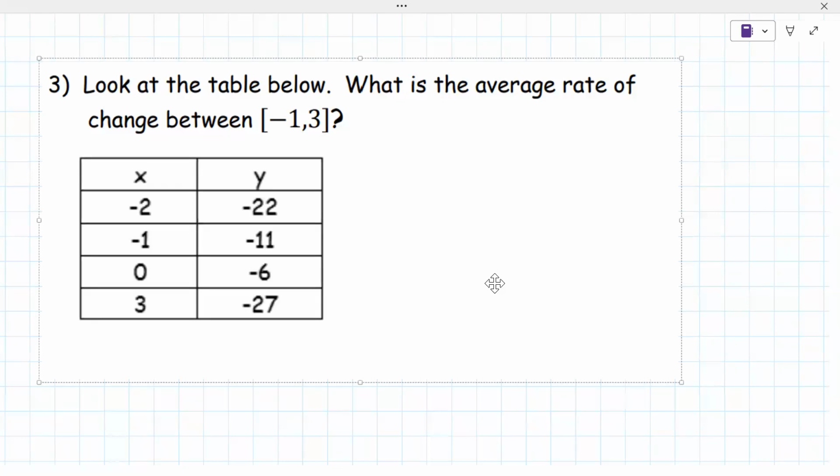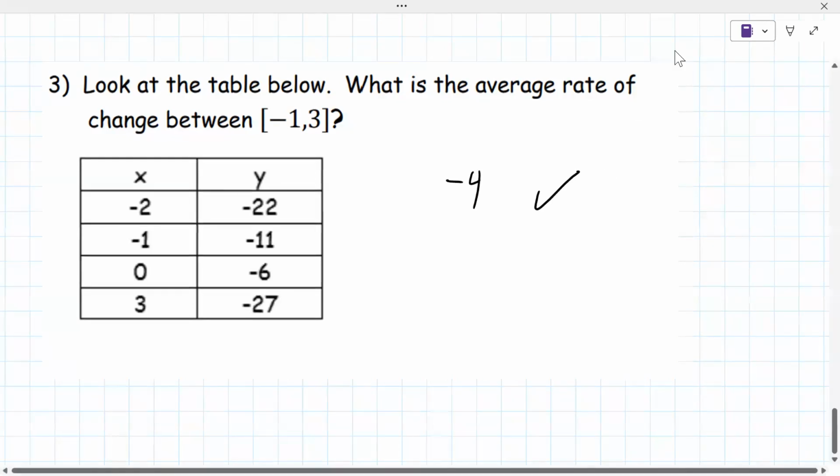F of 27 minus f of... that would be -16 over 4, which equals -4. Good. Really good.